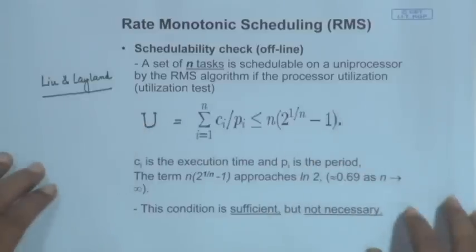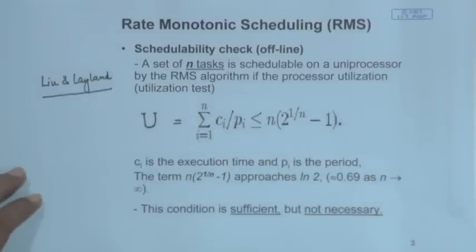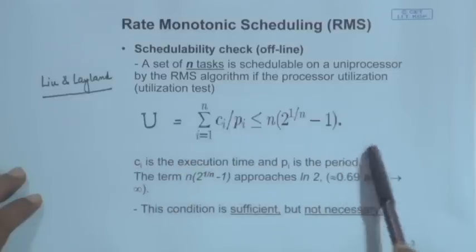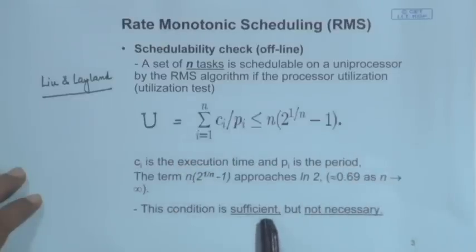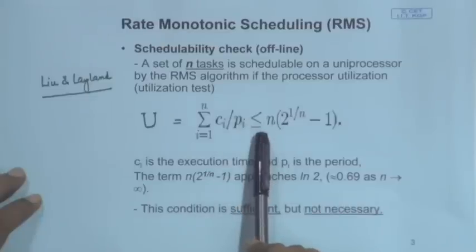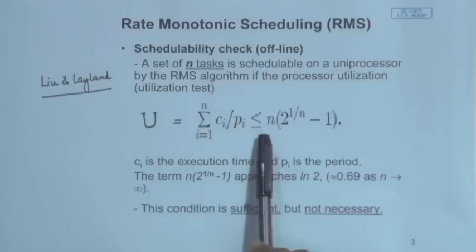We will illustrate the significance of this condition shortly. Now, this condition is sufficient, but not necessary. That means, if this condition is satisfied, then certainly you can schedule it. There exists a schedule, but if it is violated, then a schedule may exist or may not exist. I do not know beforehand.